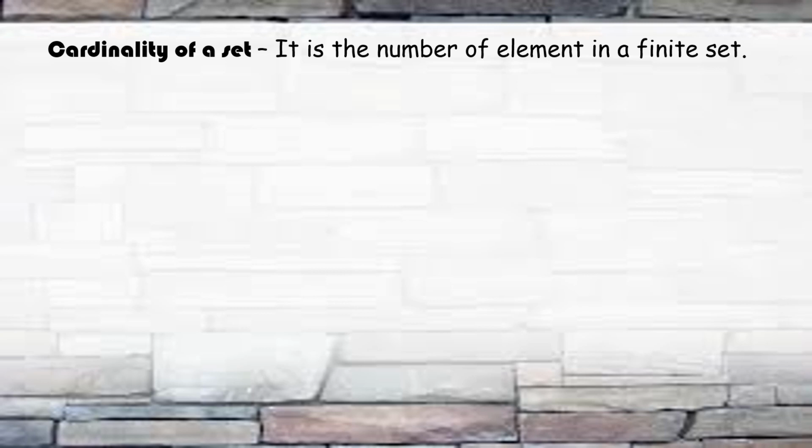Ano ba yung cardinality of a set? Ang sabi niya, number of elements. Ilan ang meron sa isang set? Halimbawa, let's go back to our first example. Diba ang vowels natin?